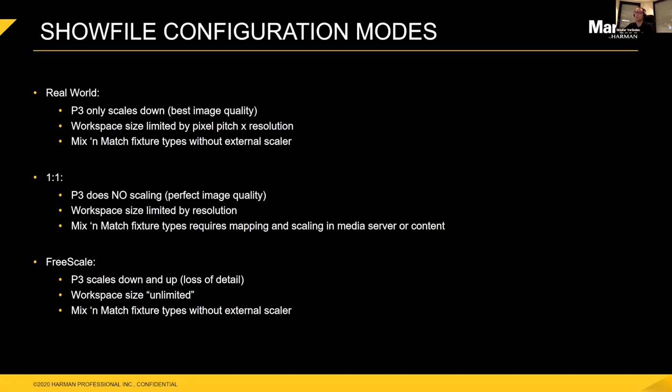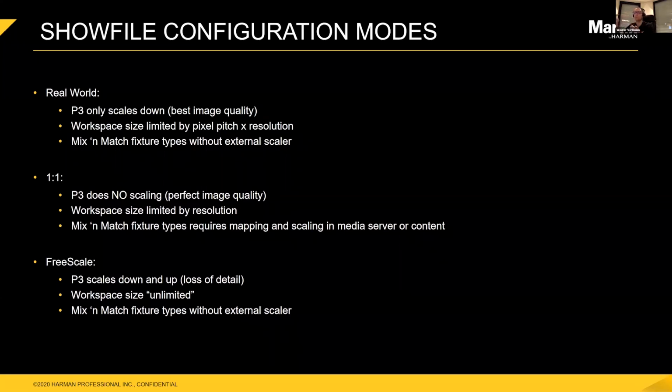And of course, in real world, it's a great mode for mix and match, as you will see right away. Then there is the 1:1 mode. In this mode, the P3 does not do any scaling at all. So you're still limited by the resolution, but for mix and matching of fixtures, it means that the P3 does not do any scaling. So if you mix, for example, a 10mm product with a 20mm product, you need to compensate for that in your video content on the content side or the media server side.